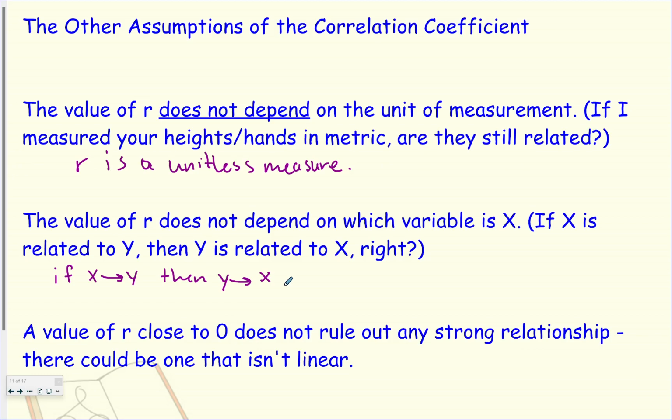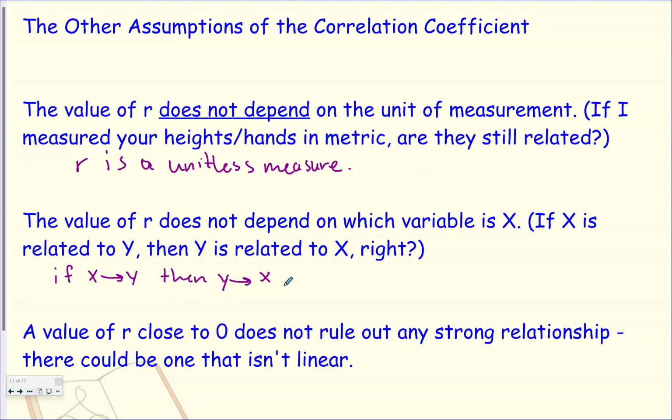If bigger people are taller, and bigger people have bigger hands, then would people with bigger hands be taller? Yes, that relationship works both ways. So the value of R does not change when you look at X versus Y.